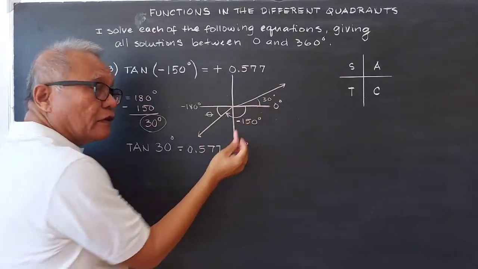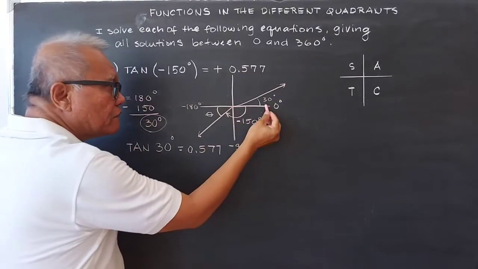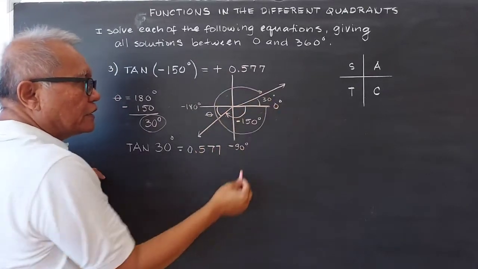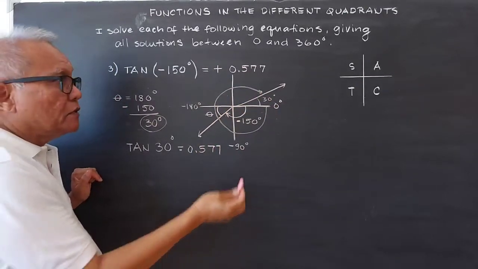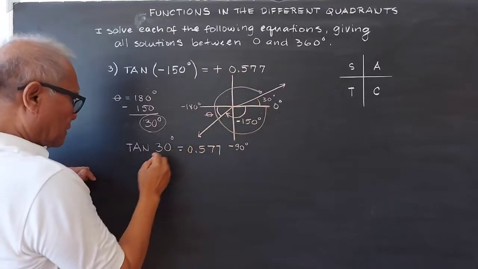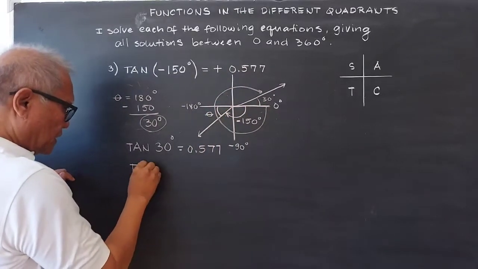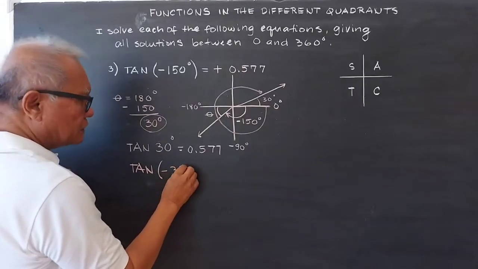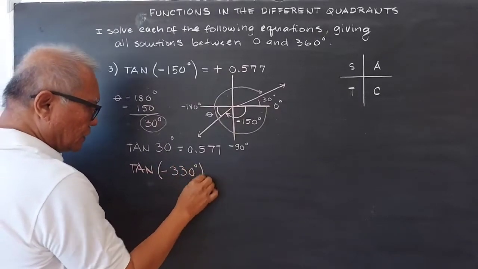So from here, if you are going to use the negative, from here up to there is 360 minus 30, which will give us the same thing as tangent of negative 330 degrees.